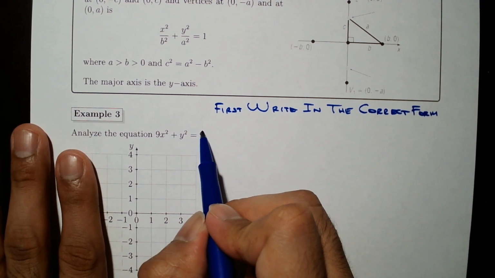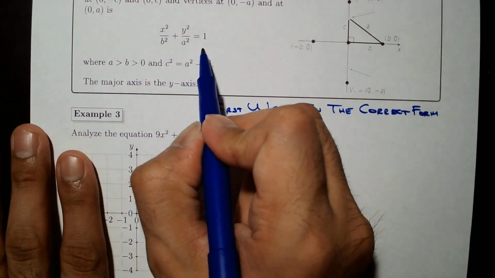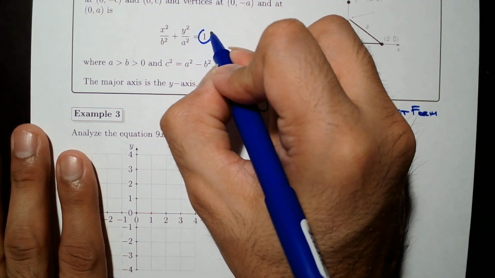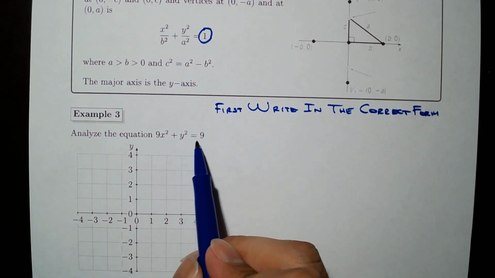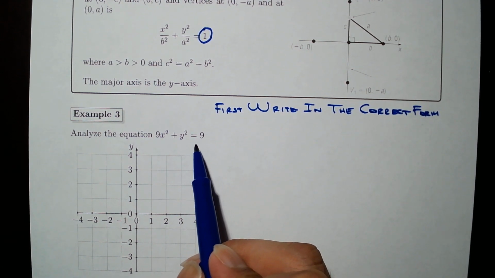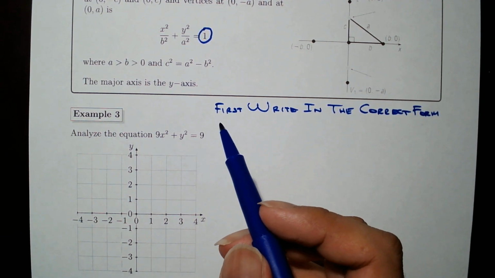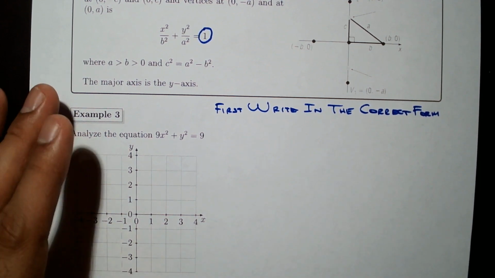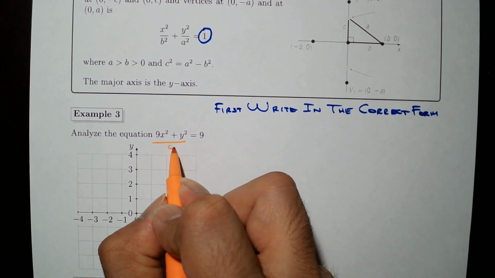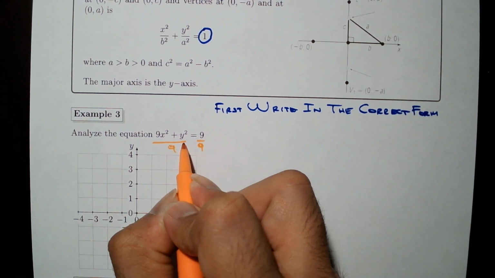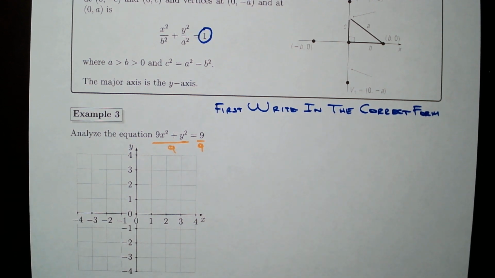That is, we need to make sure the right hand side is a 1, and in this case it's not a 1. In order to do that, divide by whatever number you have on the right hand side, which in this case is 9. Divide both sides by 9.